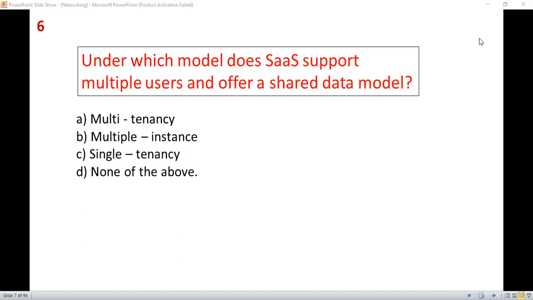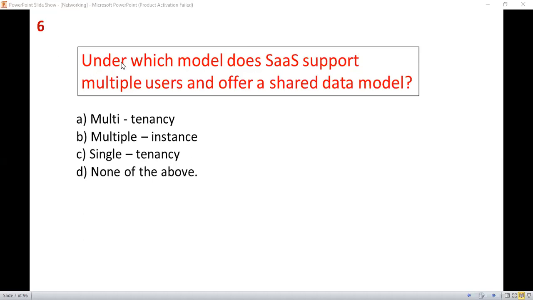So the answer for this question will be multi-tenancy, which refers to a model of operation for software where multiple independent instances of one or multiple applications operate in a shared environment. SaaS supports multiple users and offers a shared data model, so the answer is multi-tenancy, because it allows users to operate in a shared environment.